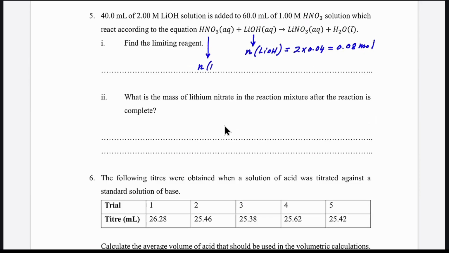Moles of HNO3 is 1 times 0.06, so it's 0.06 moles. Now you can see a 1-to-1 ratio. So the limiting reagent would be HNO3.